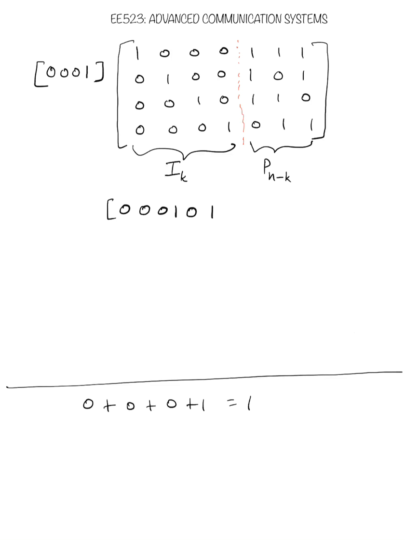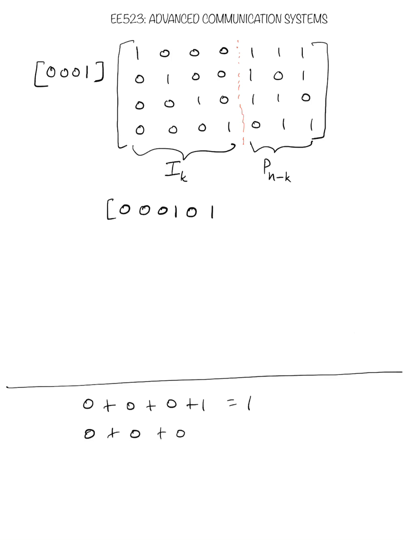And the last one would be 0 into 1 is 0, so that's 0. The next one, the second bit with the second position here, 0 into 1 is again 0, so that's plus 0. The third one is 0 into 0 is also 0, so that's plus 0.